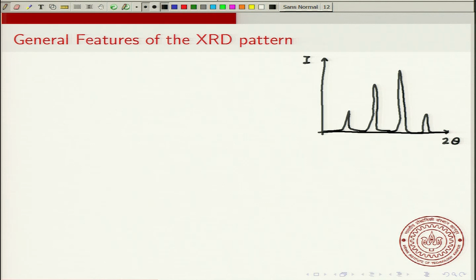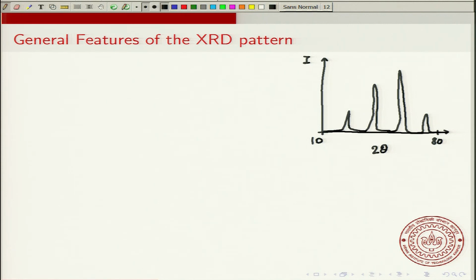Typically, the range of any powder X-ray diffraction pattern is from 10 to 80. The 2 theta scale is linear, and intensity shows up as such peaks.